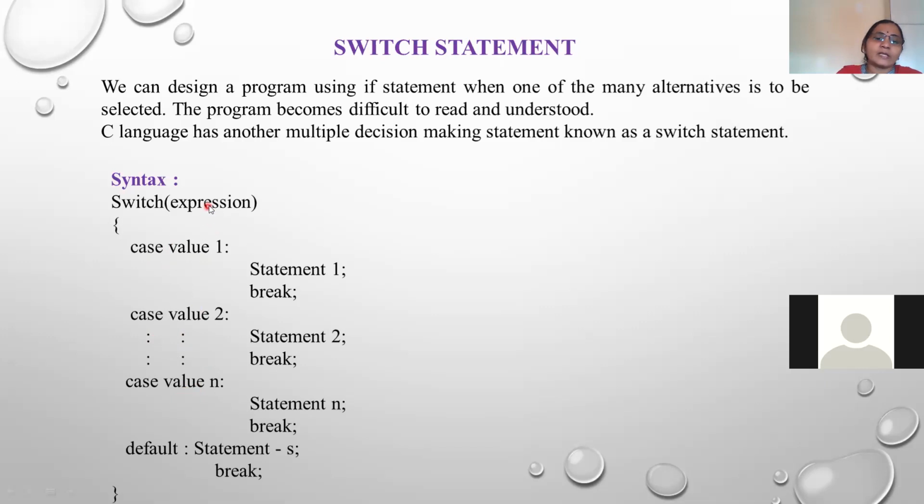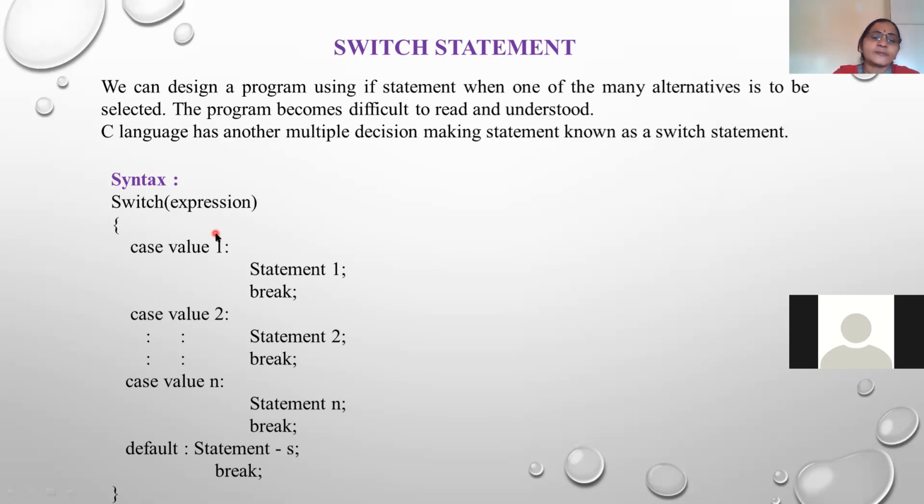The result of the expression is first compared with case value 1, and if it matches, the corresponding statement 1 block is executed. Then, to get out of the switch statement, you use the break statement. With this break statement, control jumps directly out of the switch statement, just below the switch body.